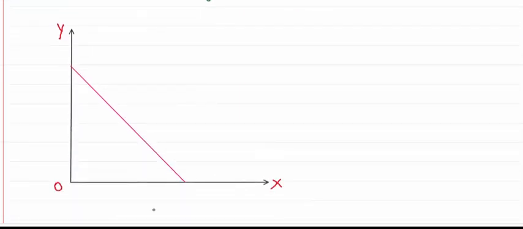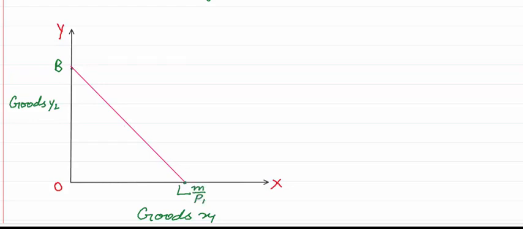In this graph, we will take goods X1 on the x-axis and goods Y1 on the y-axis. Now the original budget line has been shown by BL, and the intercept at point L is M by P1 and the intercept at point B is M by P2, because the price of Y1 goods is P2.